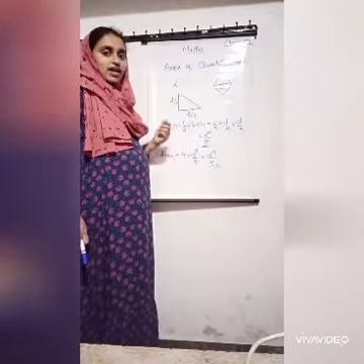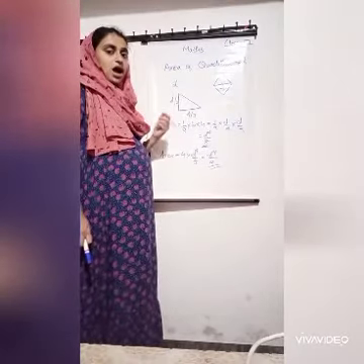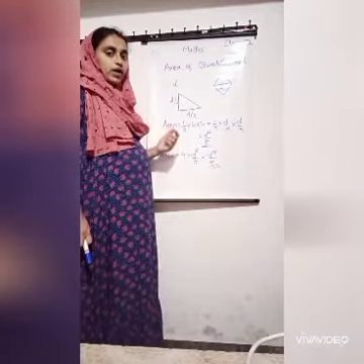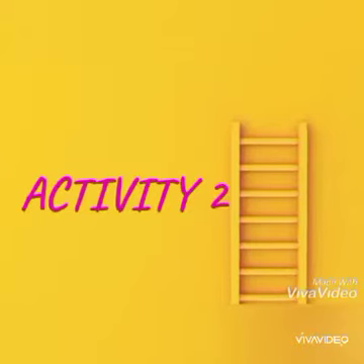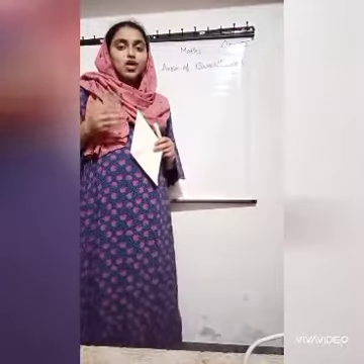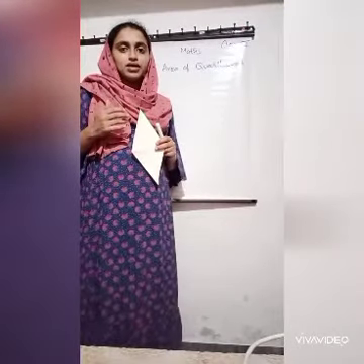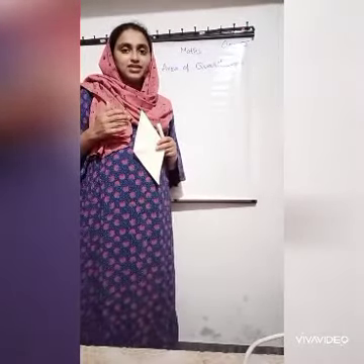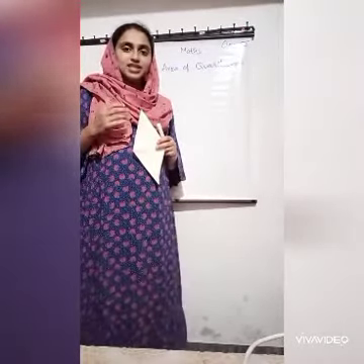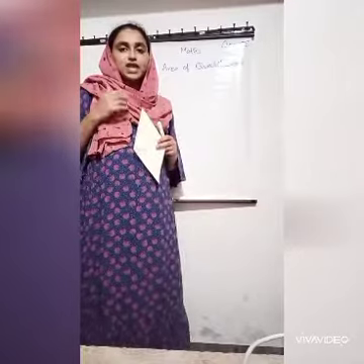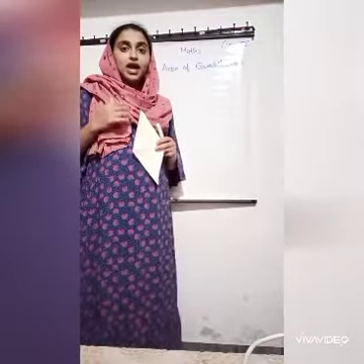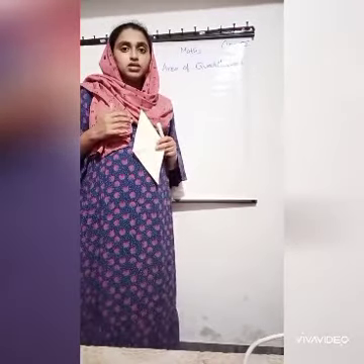Clear? Area of square is the half of square of diagonal. I think all of you understand how to find the area of a square. Is it easy? Yes, it is very easy. Anybody have any doubt? You can freely ask me. I will explain to you. Anybody have any doubt? No.